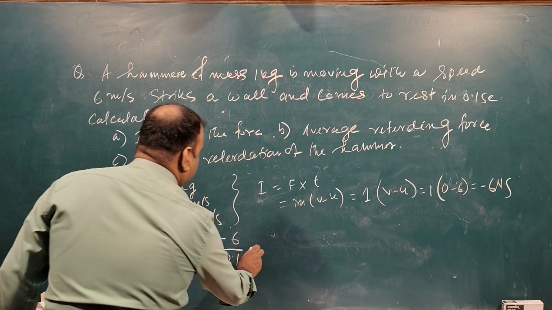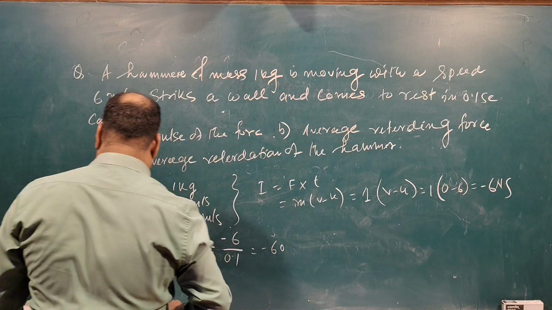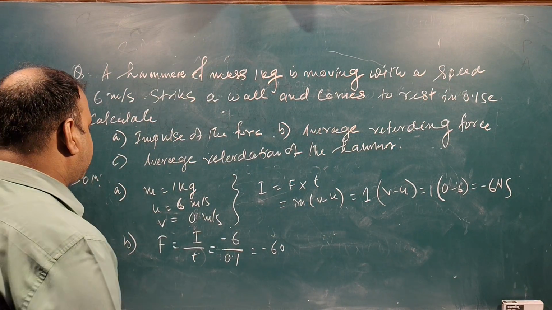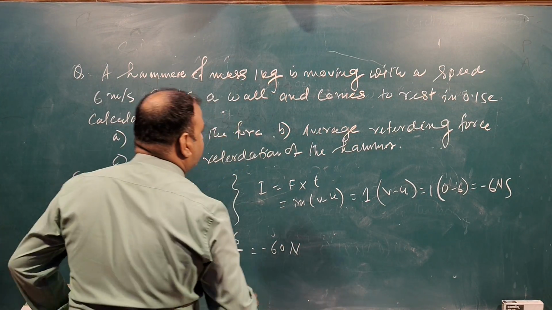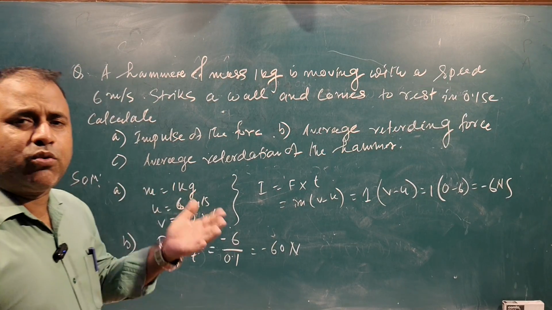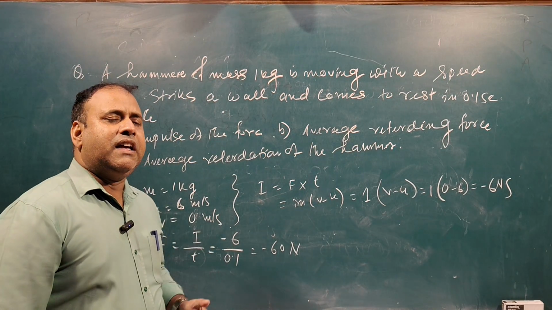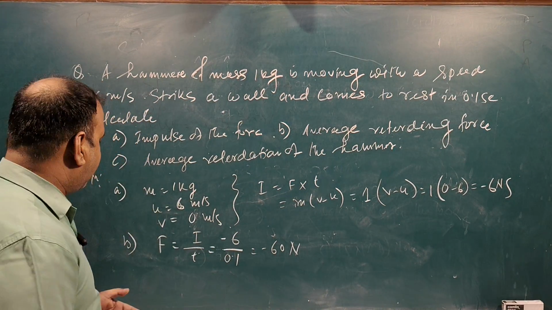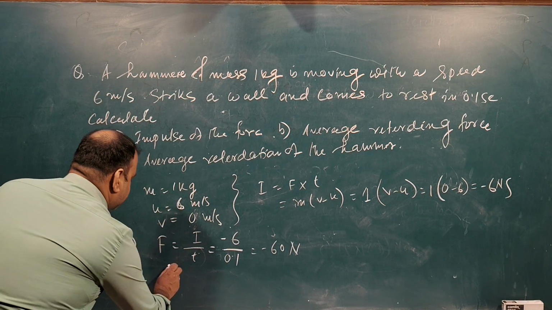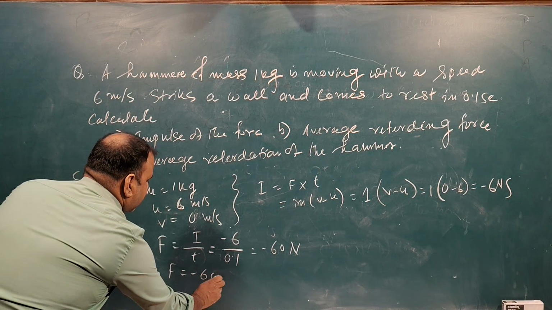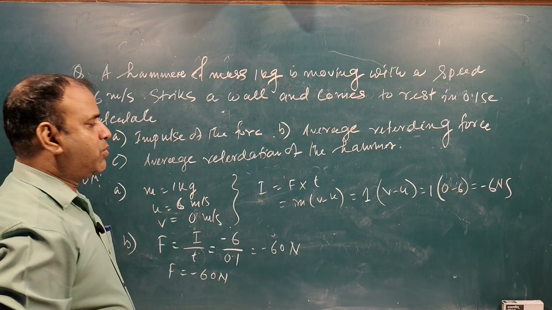So it will be minus 60 Newton. When we talk about retarding, remember retarding means negative. That is why F is equal to minus 60 Newton is the retarding force.